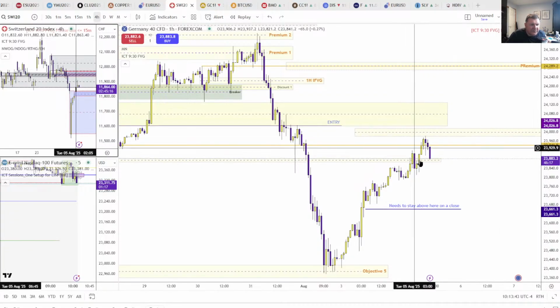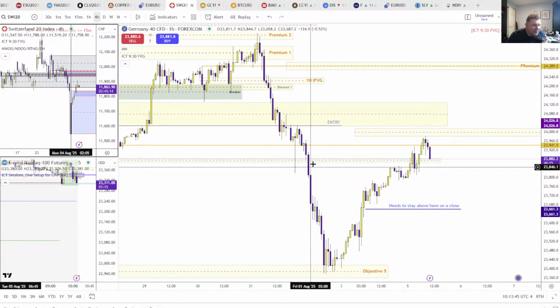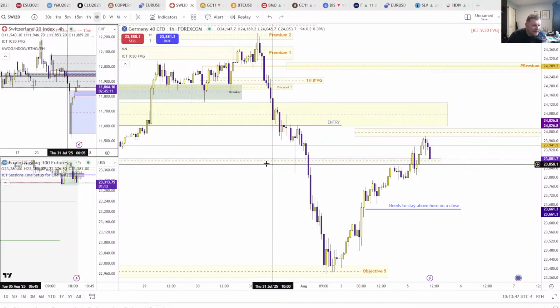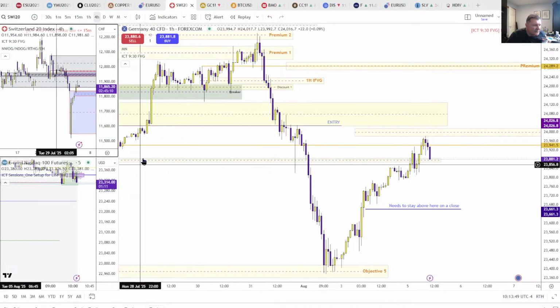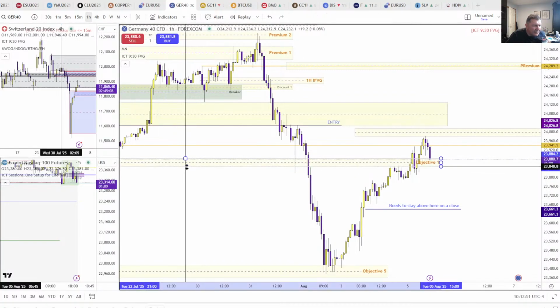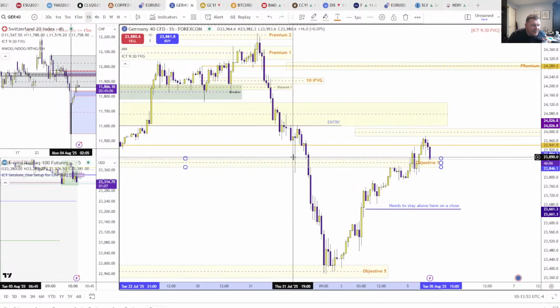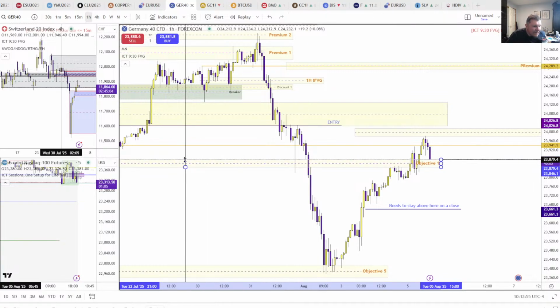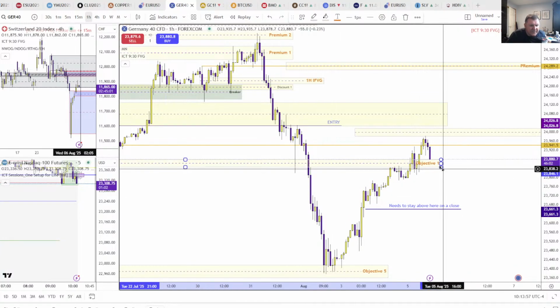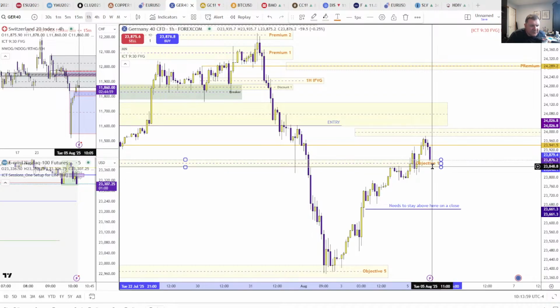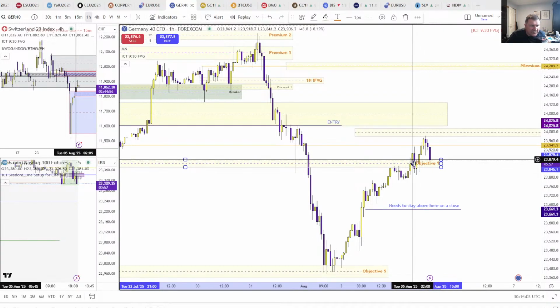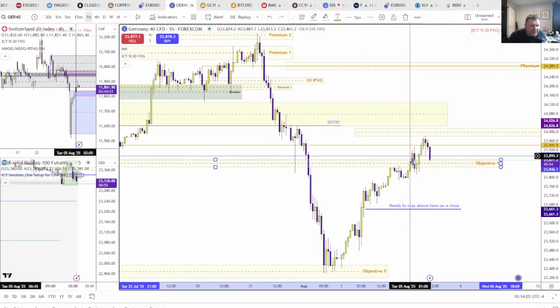Support. Do we hold on this candle here? Look at this little candle. I will go right here and right there and see if that holds your price now. And this consequent encroachment and the mean threshold of that down close candle.